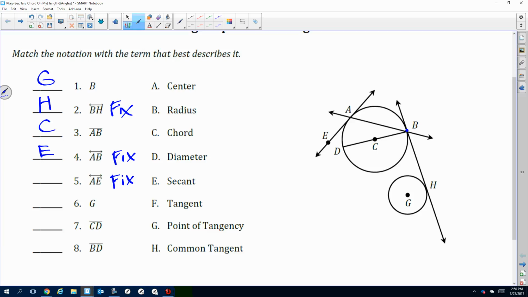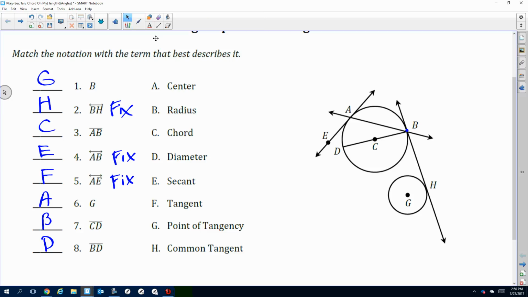All right, so line AE, that's a tangent. G, that means point G. Yep, that's the center. And then segment CD, yep, that's your radius. And then segment BD, that was your diameter, okay?